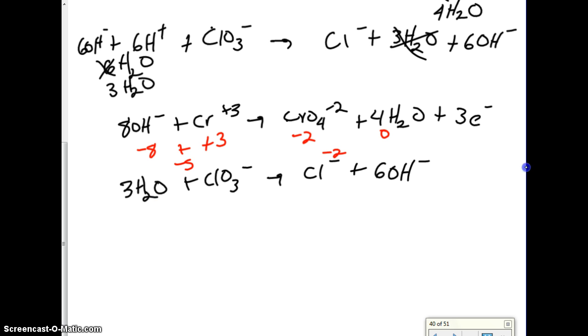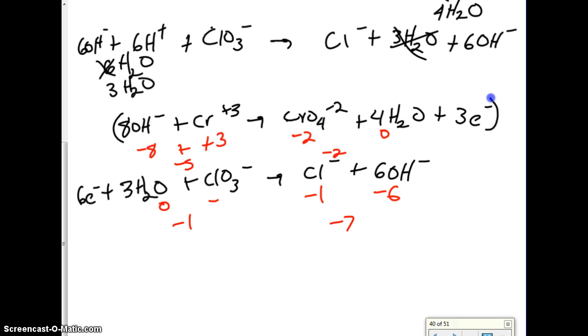Same thing down here. We have 0 and -1, and that gives us a total of -1 over here. We have -1 and -6. This gives us a total of -7. Well, -1 to -7 means we gained 6 electrons, so we have 6 electrons over here. So again, we need our electrons to balance, so 3 here, 6 here.